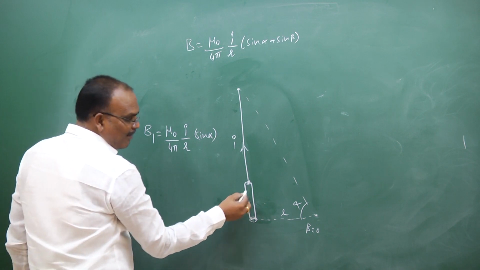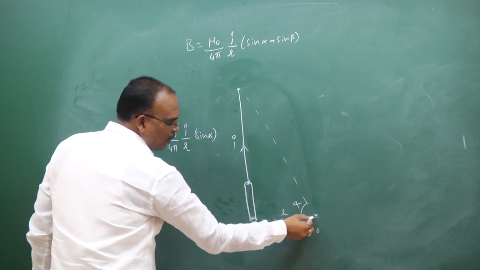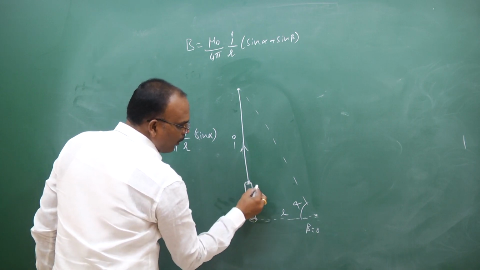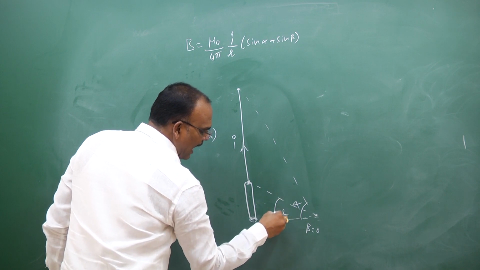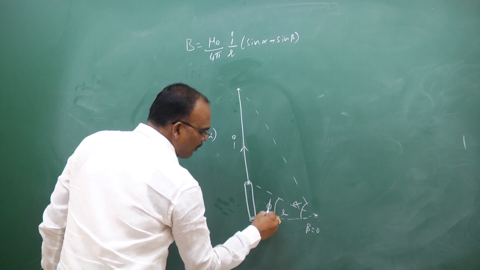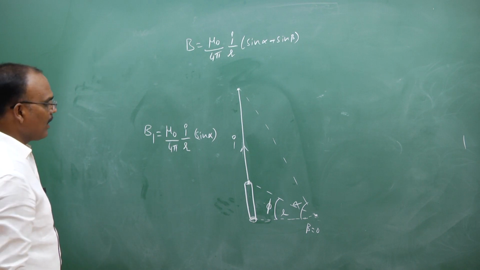So I will calculate the magnetic field due to this additional conductor. For this conductor also, beta is 0, but alpha is different. I can represent this angle as phi.